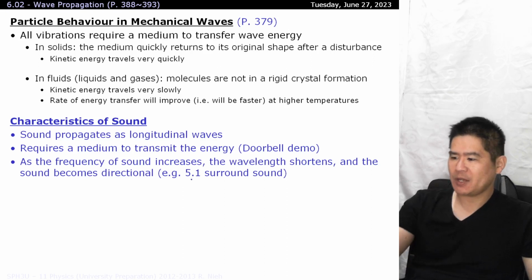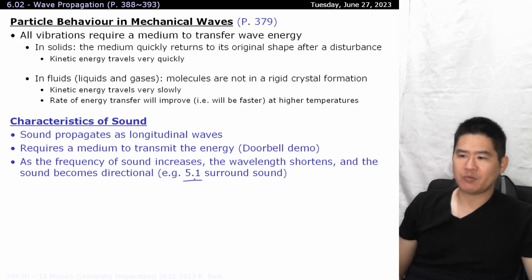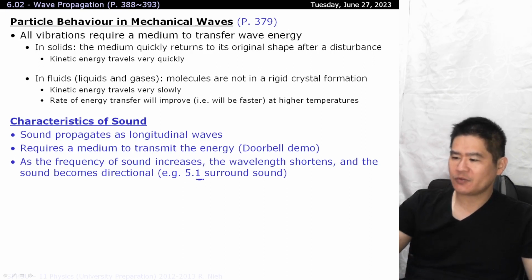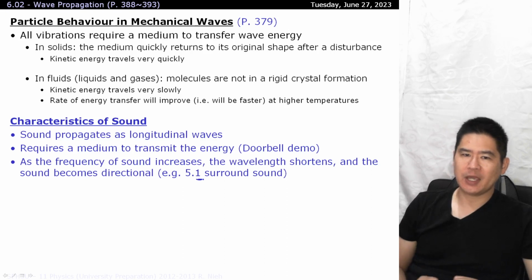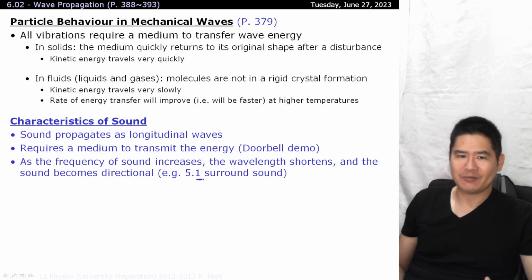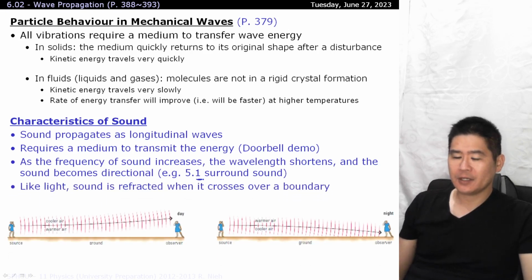And that's why if you happen to have these fancy sound systems, like 5.1 surround sound, the .1 is for the subwoofer. And the subwoofer, you can place it anywhere in the room. It doesn't really matter because you can't tell where the sound's coming from. I mean, personally, I like placing it right behind the couch because I want to feel the grumble when there's an explosion or whatnot. But other than that, it really doesn't matter where you place the subwoofer. And yes, sound can refract. It is possible.